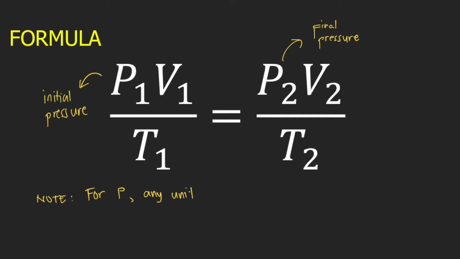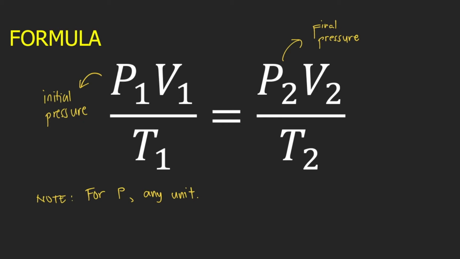It depends on what is given in the problem. But remember, you need to be consistent in using that unit. So for example, if you use atm for P1, make sure you are using atm for P2. If you use Pascal for P1, make sure it's Pascal for P2. Okay, again, any unit for pressure as long as you are consistent with that unit.